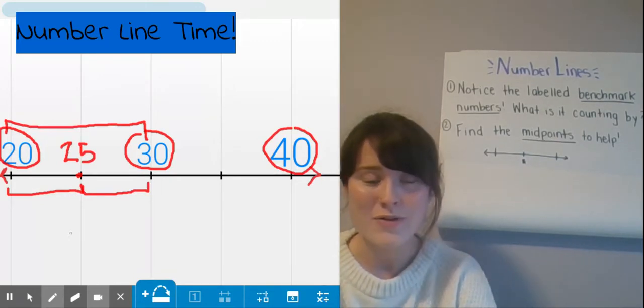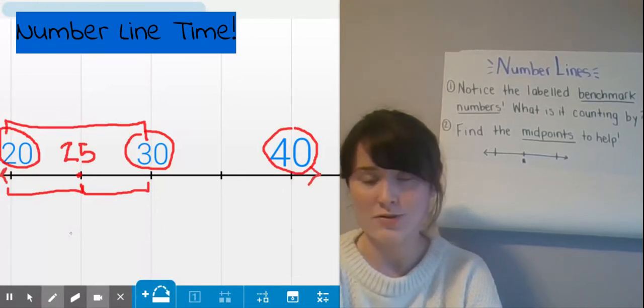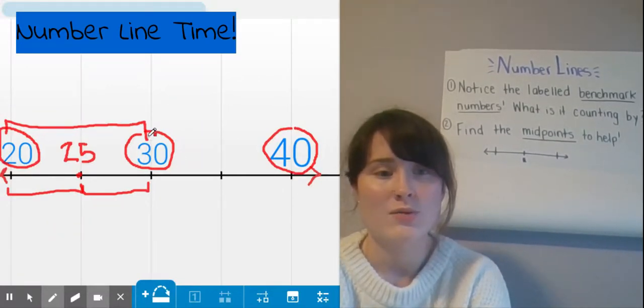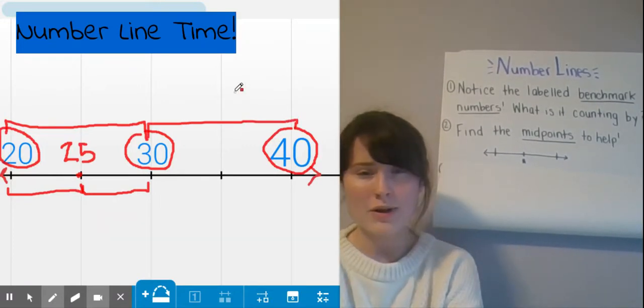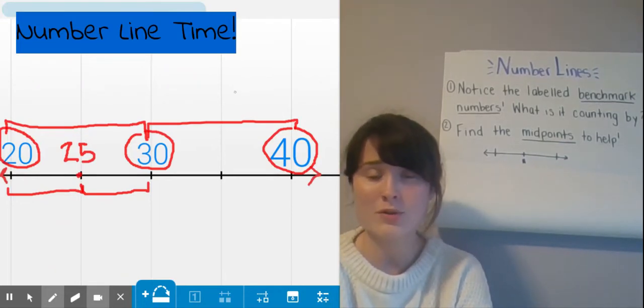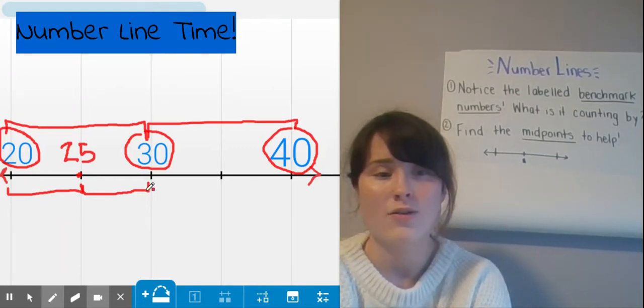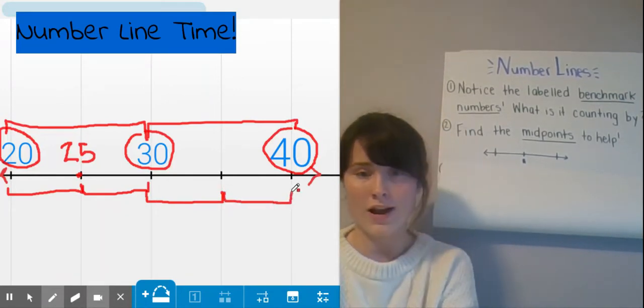So now we need to label the next midpoint between our next two benchmark numbers. So between 30 and 40, how many hops did we take altogether? We took 10 hops. We're still counting by tens. So we need to think, what is the midpoint right in the middle between 30 and 40 going to end with?